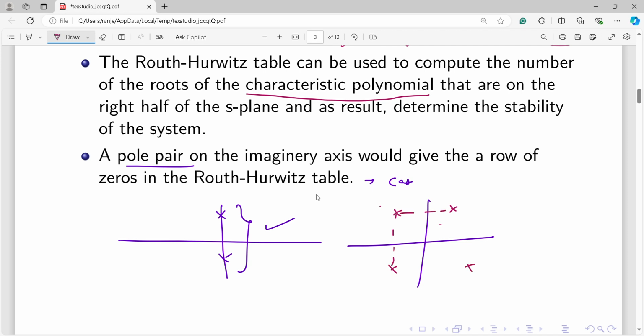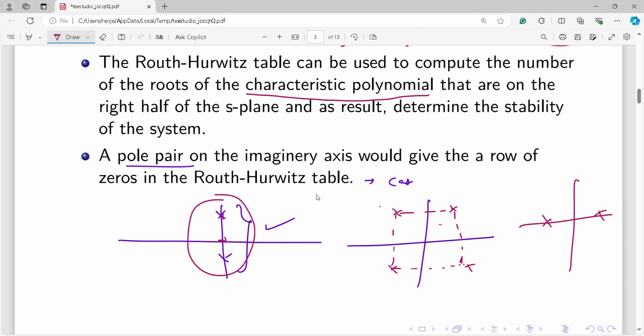This type of case we already discussed in the 2018 GATE exam video; I will pin the link, you can refer to it, it is very helpful. The last one is symmetry also observed on the j omega axis with respect to the origin. For this reason the row of zeros exists in the Routh-Hurwitz table. Hope you understood.